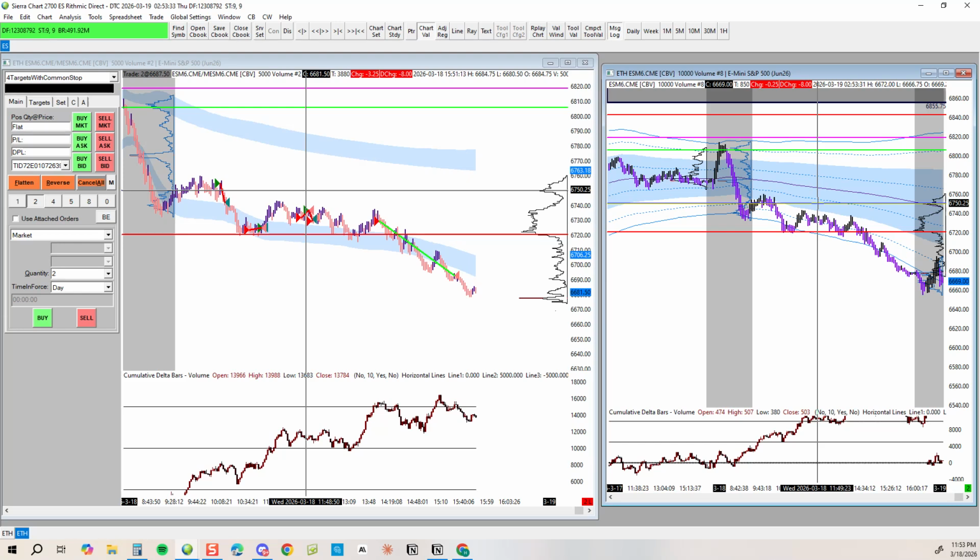I noticed it was still a slow pace. It was just very dry paint behavior, even on this move lower, which led me to not hold all the way into the close, and instead base it off of rhythm. How far are we, and how much farther could we go?